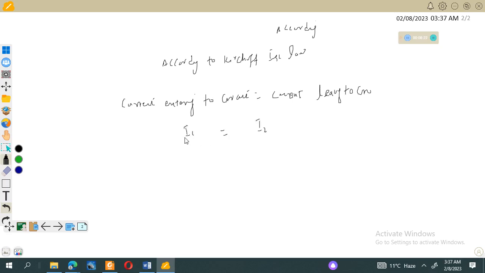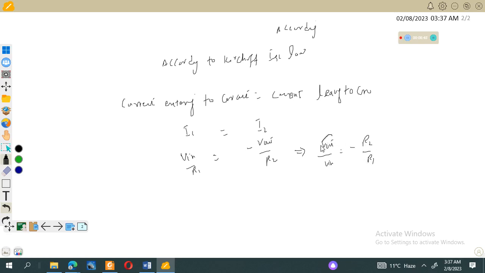We have already found that the current entering was V input divided by R1, and the current leaving was minus V out over R2. So the ratio of output over input will be equal to minus R2 over R1.